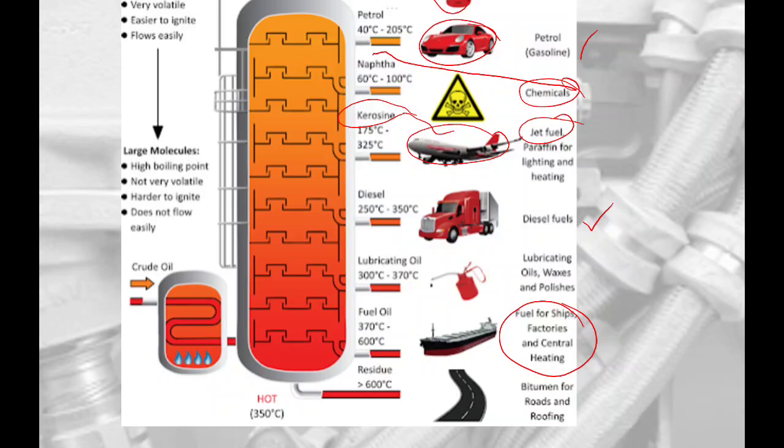And lastly, if it is greater than 600 degrees Celsius, you'll get the residue, or residua. This residua is known as bitumen, with the other name asphalt. That's the black material laid on our roads, the black sediments on our roads.